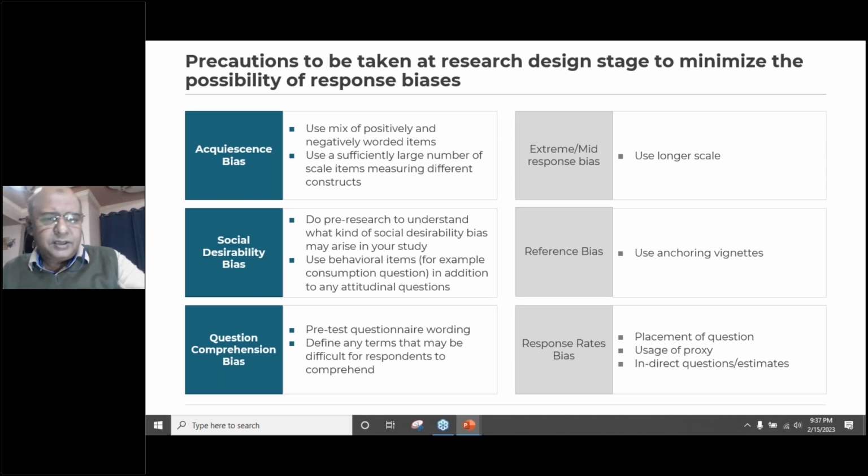We're looking at acquiescence bias. We saw in the general risk propensity scale that we were using both positively and negatively worded items.